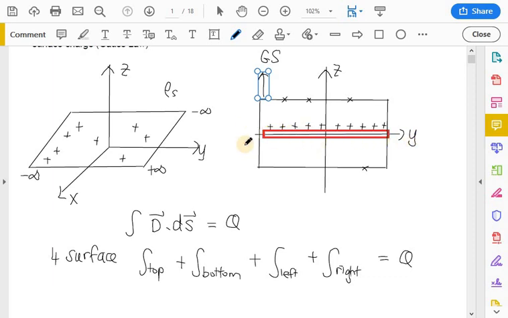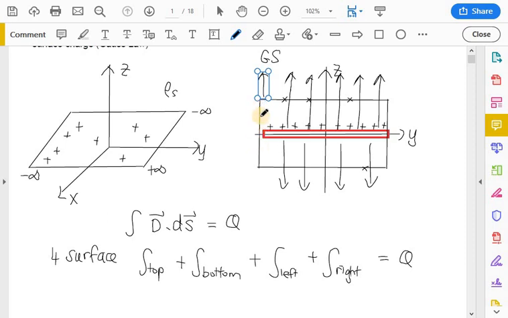Look at this case. This is an infinite plane. We assume there are positive charges on this plane. What will be the direction of its electric field? For the top side, it will be pointing in the positive Z direction. For the bottom side, it will be pointing towards the negative Z direction.